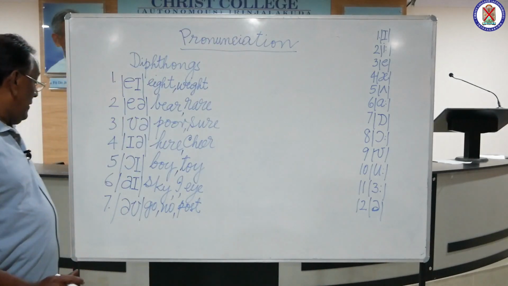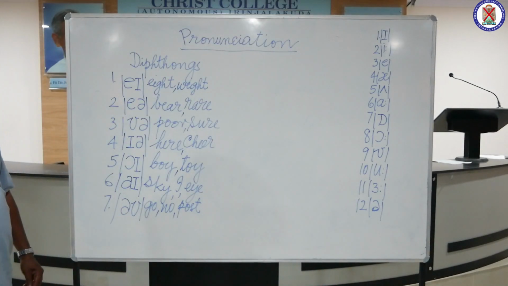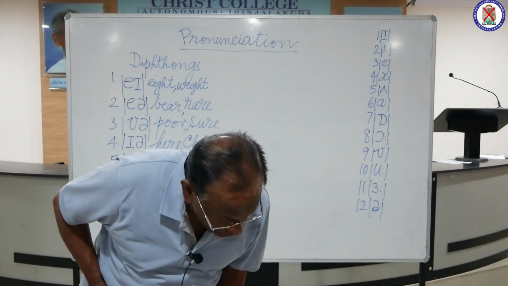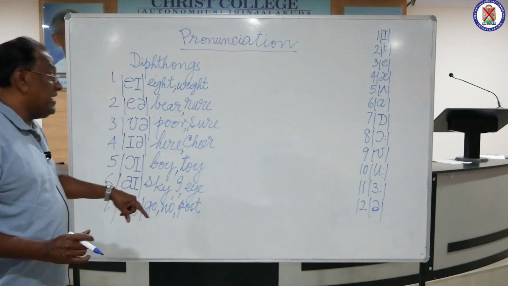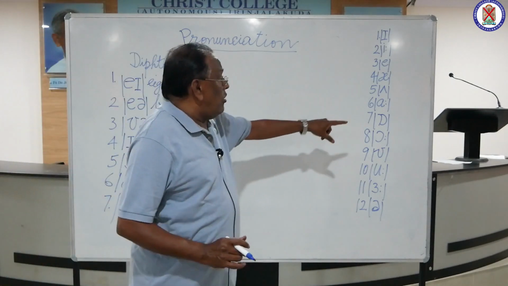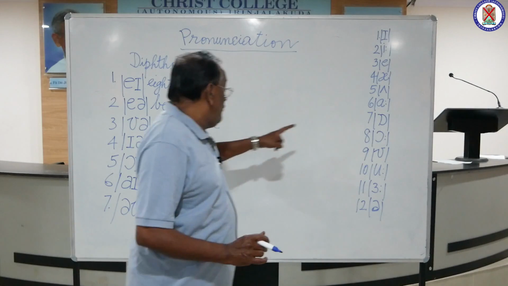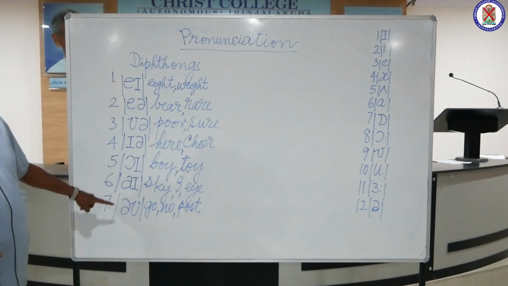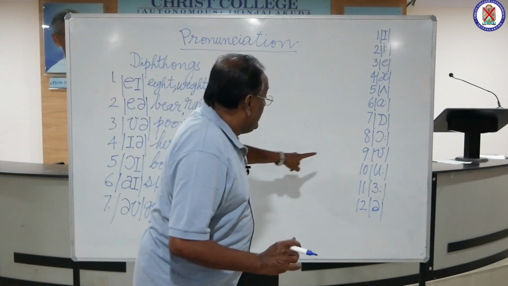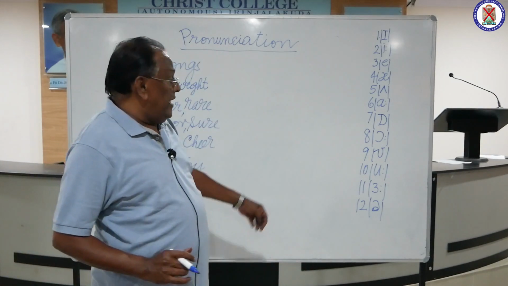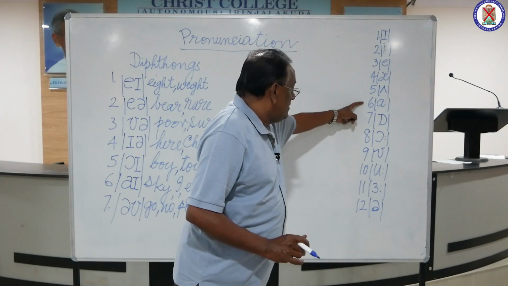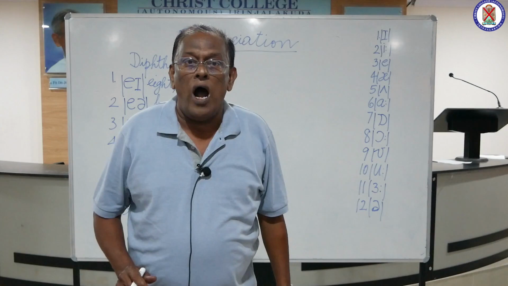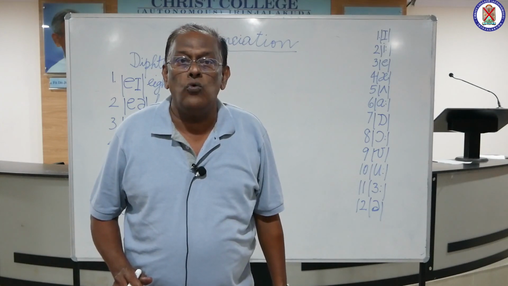The last one, the eighth diphthong, is actually a combination of a shorter version of number 6, which we have already used here, and number 9. It is A plus U, ow.